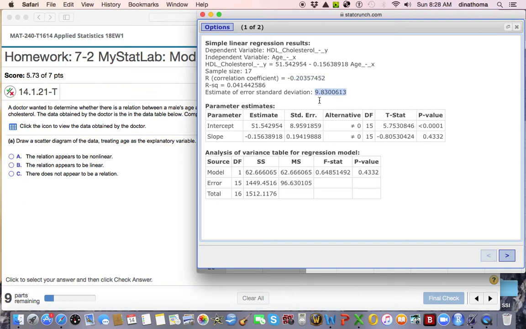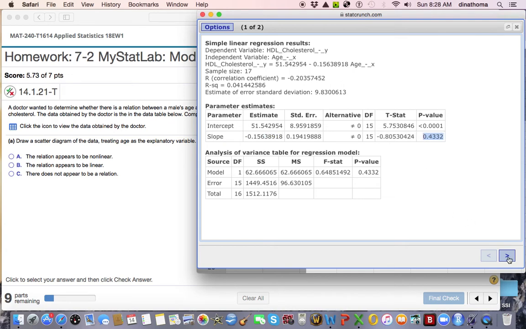This is how much error is in our line, which is basically the difference in our predicted line versus the actual data. Here's our slope. Our intercept value, which is the same as up here, and then our slope value, which is up here. And then these are all the formulas, and then here's our p-value, right?